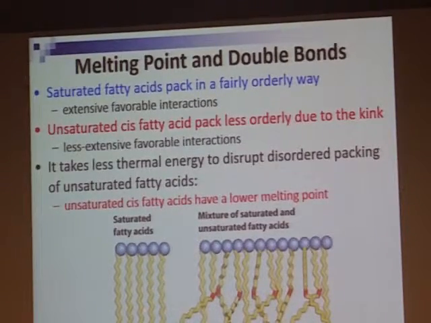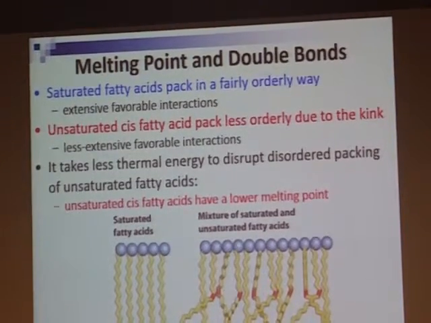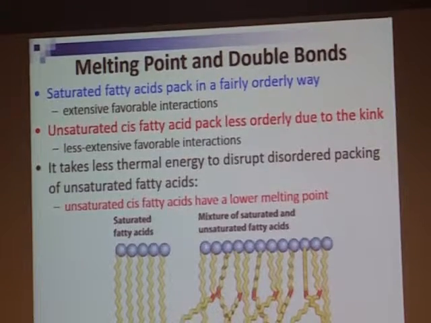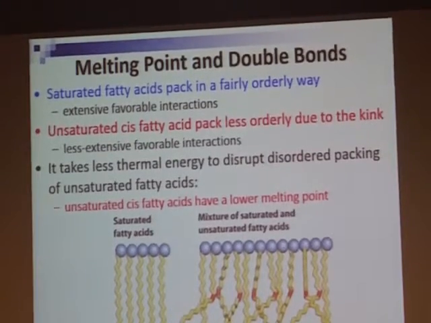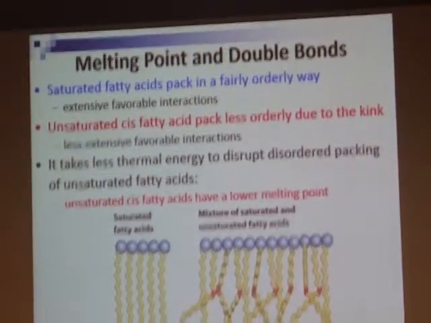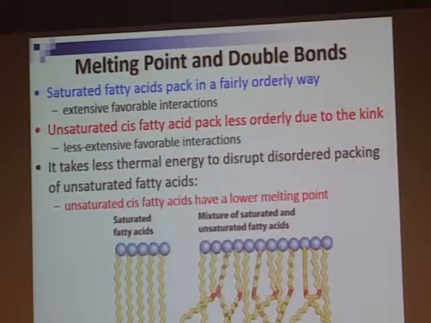The saturated fatty acids can line up and act very efficiently through van der Waals contact, through hydrophobic effect, whereas the kinking in the unsaturated fats leads to greater disorder. They cannot effectively pack against one another, so these are more fluid. They're typically involved with liquids, right?